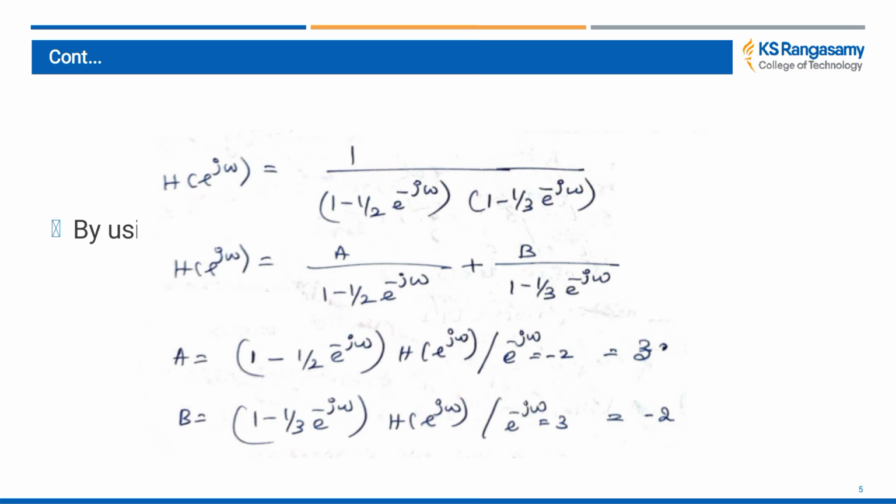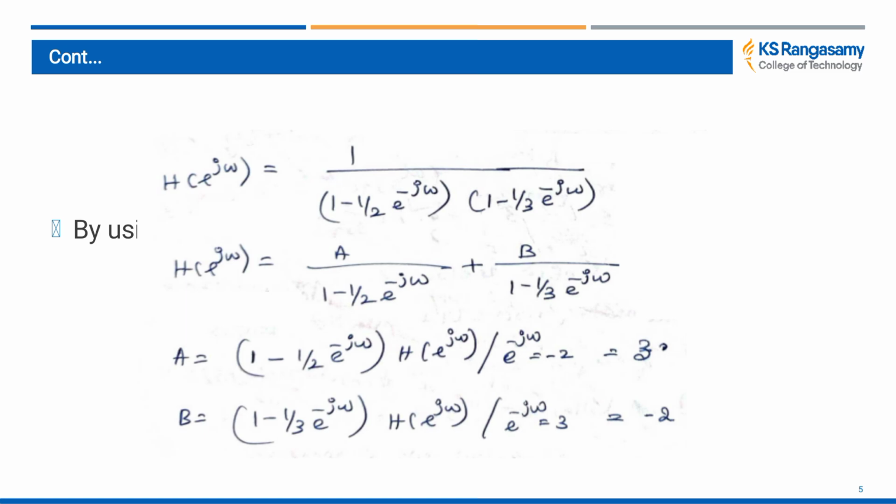So here we have multiplied with the same pole. The 1 minus 1 by 3 e power minus j omega terms cancel each other, and we substitute for e power minus j omega. We equate 1 minus 1 by 3 e power minus j omega equal to 0, and we have e power minus j omega is equal to 3.